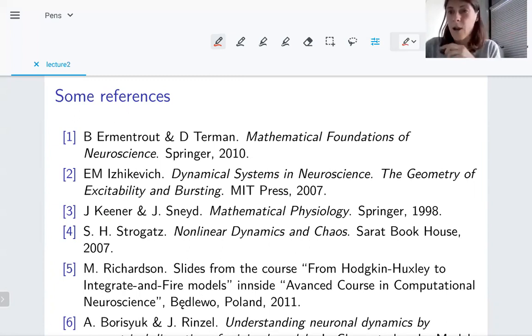So in this sense, qualitatively, we are not losing information. Quantitatively, obviously, they give different results. As I showed you, the shape, for instance, of the action potential was a little bit different. So there are these quantitative differences.